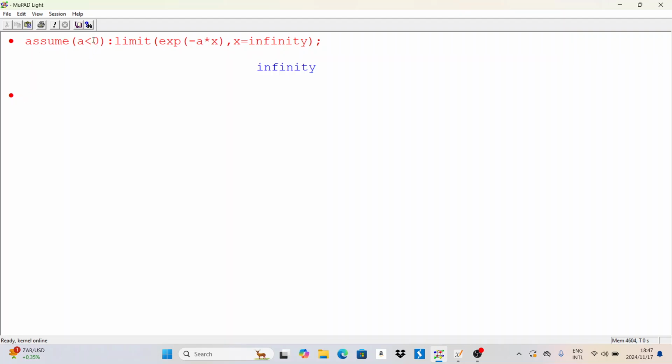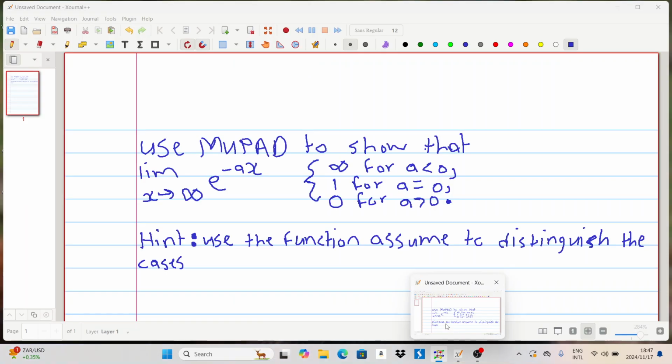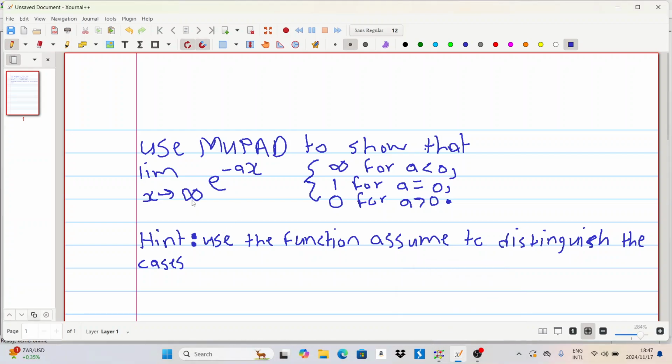So for our assumption a less than 0, we find infinity as an answer. Let's go and check in our code. Yeah, if we check here, for the limit as x approaches infinity of e to the power negative ax, when a is less than 0, it is infinity. So we got that one right.